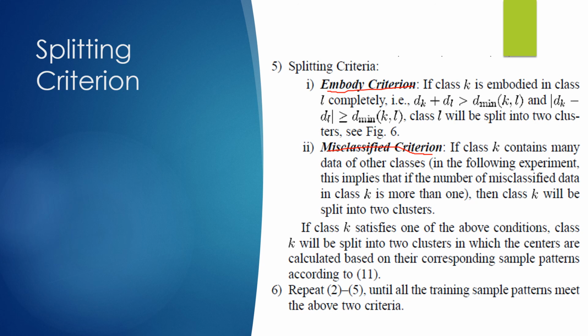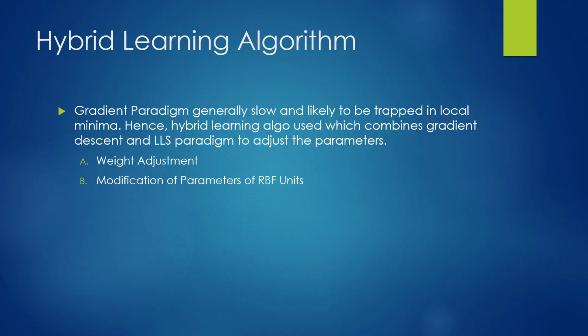We keep repeating the steps from computing a cluster centroid up to splitting a cluster in case of an overlap, until all the training sample patterns meet the above two criteria.